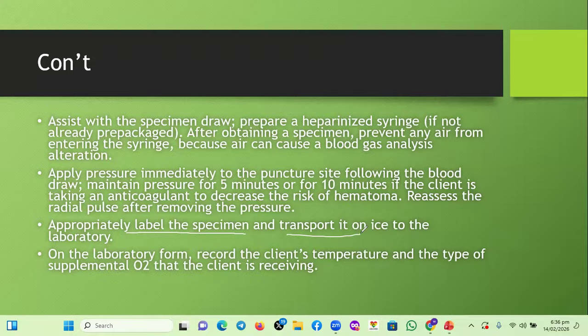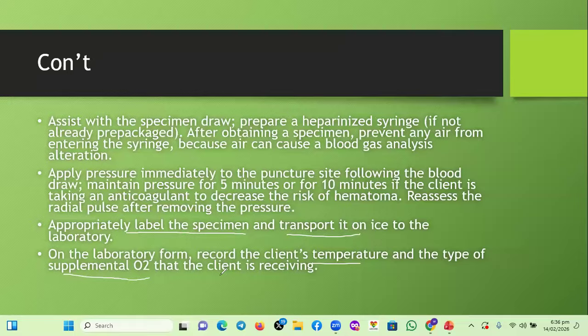Then if the client was on oxygen when the sample was being taken, you have to indicate that on the laboratory form. That is why you need to take the temperature and indicate it, because they can all affect the result. So on the laboratory form, record the client's temperature and the type of supplemental oxygen the client was receiving.